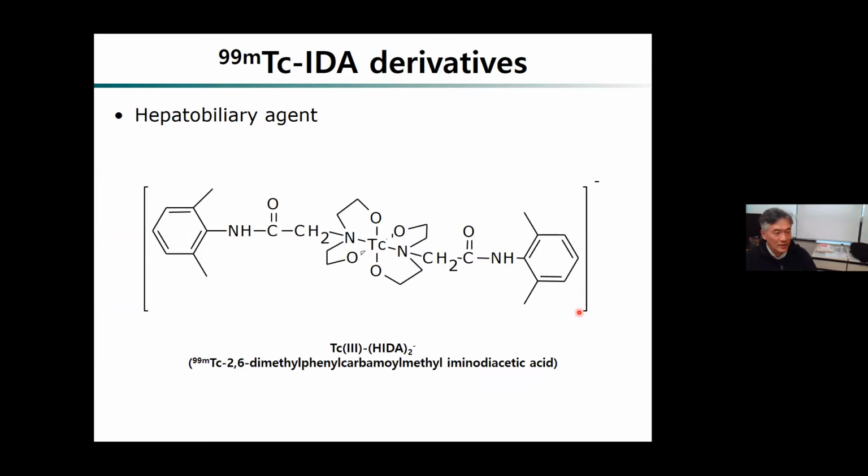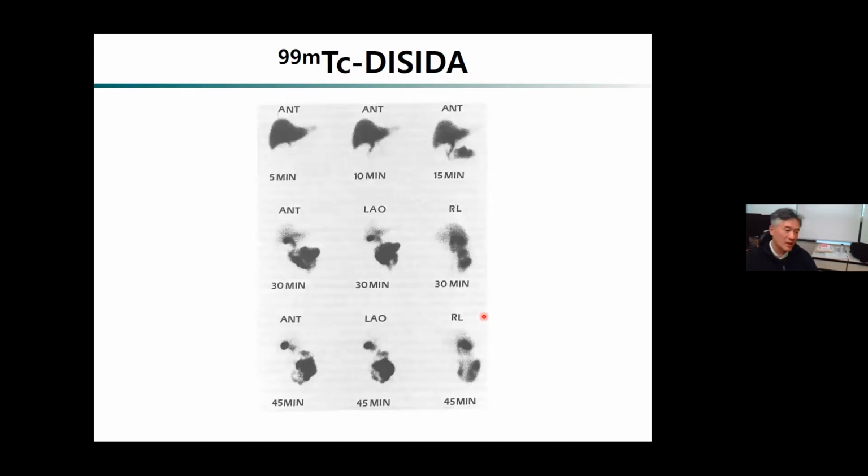Another technetium labeled compound is a hepatobiliary agent. That is a highly lipophilic compound, so it can be taken up by the hepatocytes in the liver.